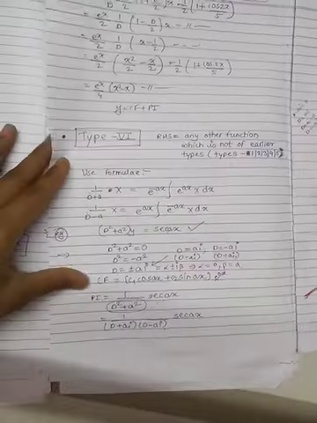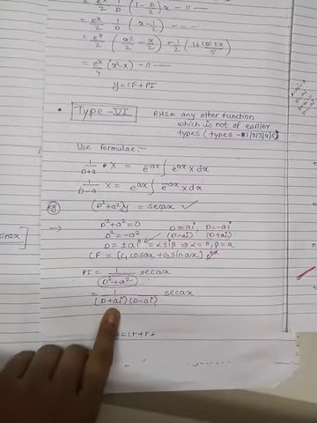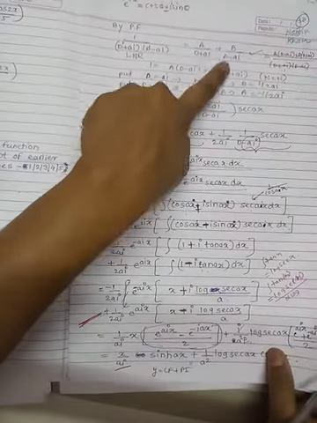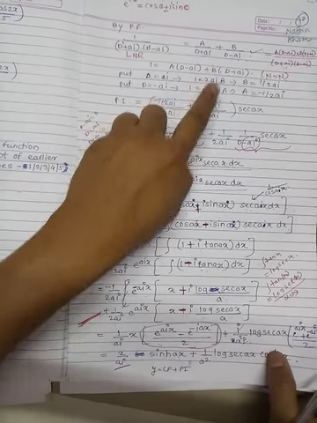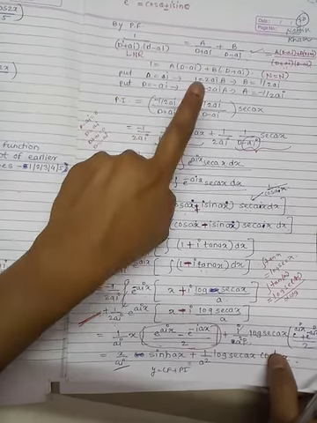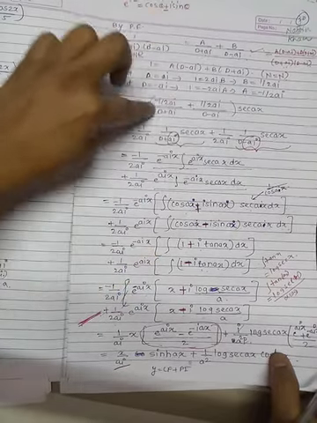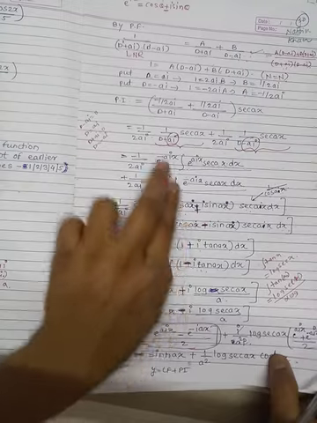So what is the example by type 6? First, take the factors of the denominator, then by partial fraction separate out these factors and put the separated factors in the particular integral step. Then multiply sec x to this bracket.